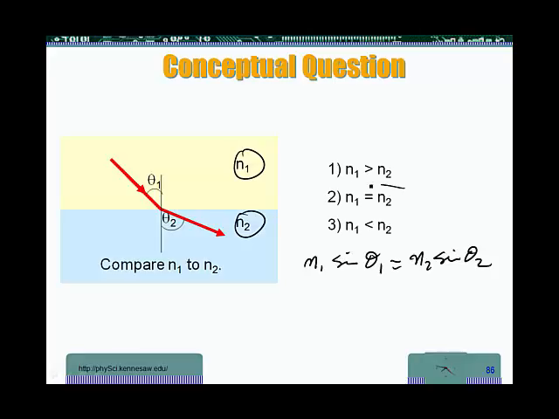Now, if the indices were the same, then theta 1 would be equal to theta 2, and we have no bending. So that's not an answer. Now here, what we have is theta 2 larger than theta 1. That means n2 is smaller than n1, and that's our answer. Answer 1.